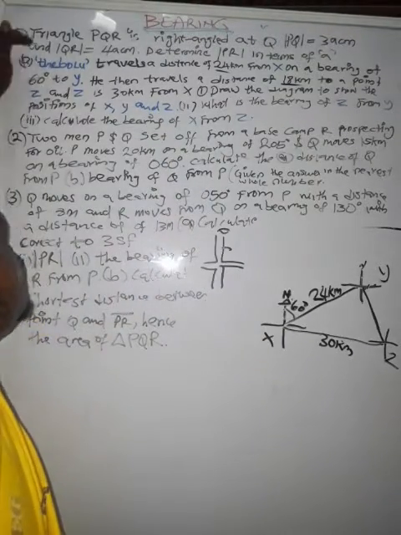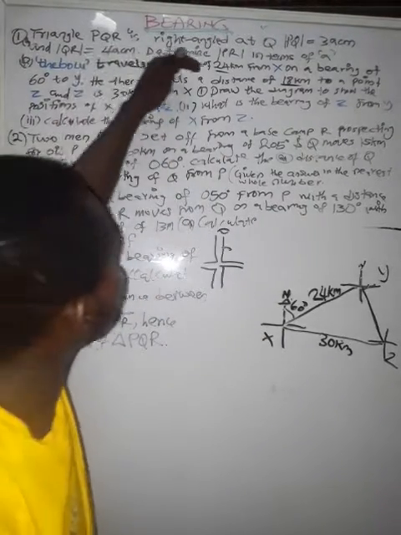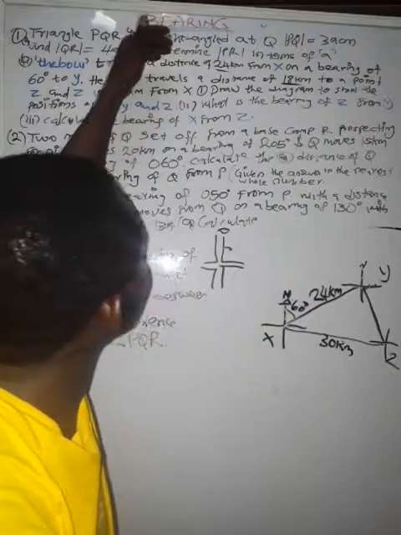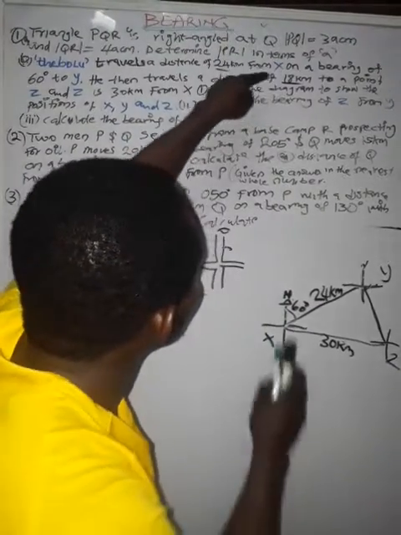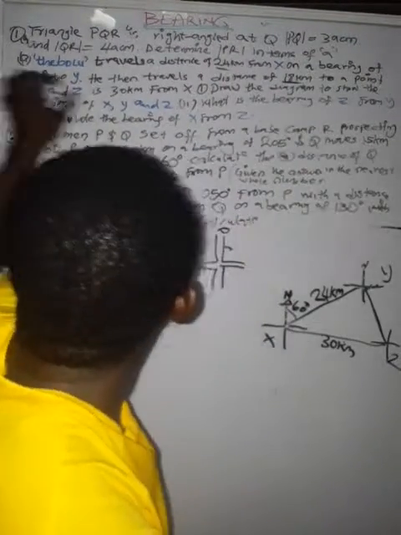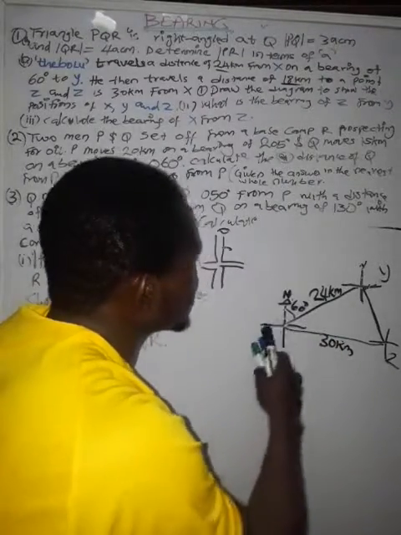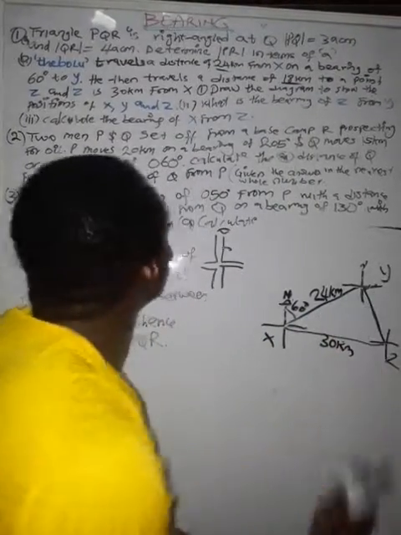So this question is a bit tricky, but you just have to apply your brain. You see, that is the first line. The boy travels a distance of 24 kilometers from X on a bearing of 60 degrees to Y. Then it stops there.